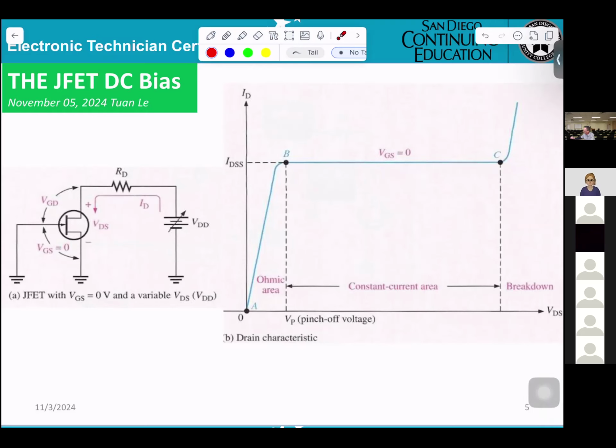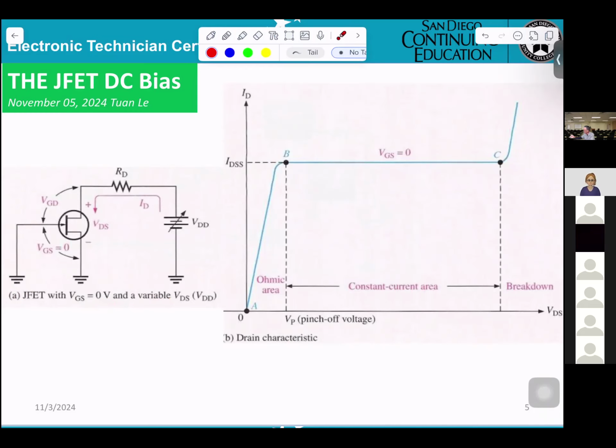JFET with VGS equal 0. Now they connect to 0, not the power supply. And they will give you the schematic statistic of the drain. JFET with VGS equal 0 and a variable VDS.